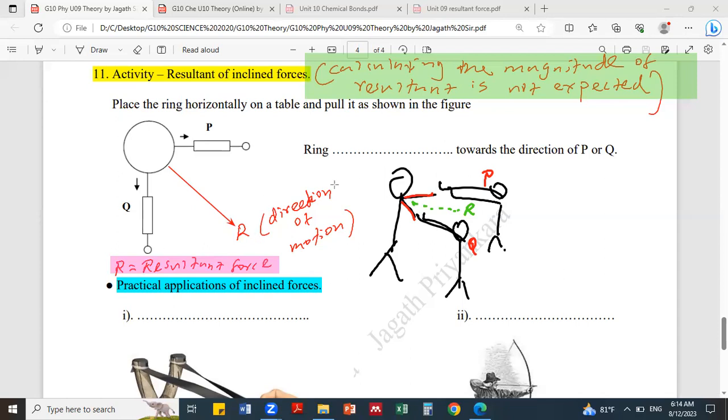I'll give an example. Sometimes they can ask with 20 Newton. Assume P equals 20 Newton.